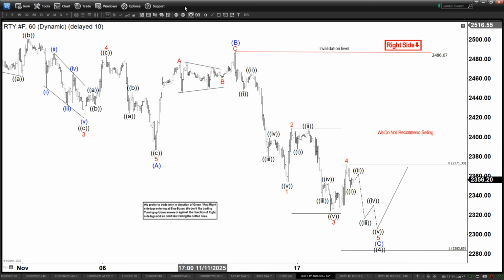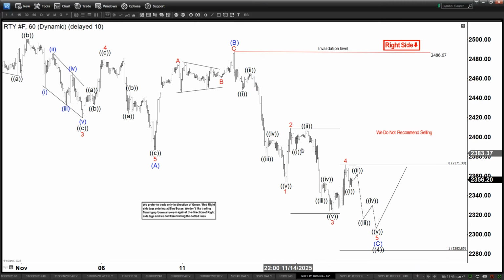It can become many things. It can become a flat here, for example, or like I said before, this is ABC ending W and then X and then Y leg.